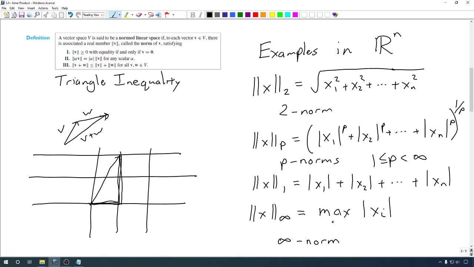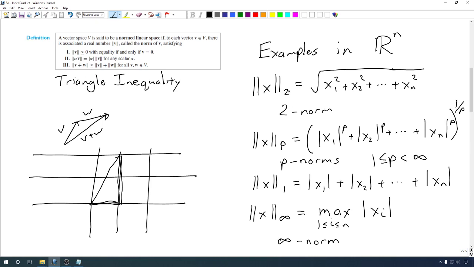So here, i is going from 1 to n. So we're saying, what is the biggest one of the absolute values of x1, x2, all the way through xn? Which one of those is biggest? That's what we're going to call the infinity norm. And it does satisfy those conditions.